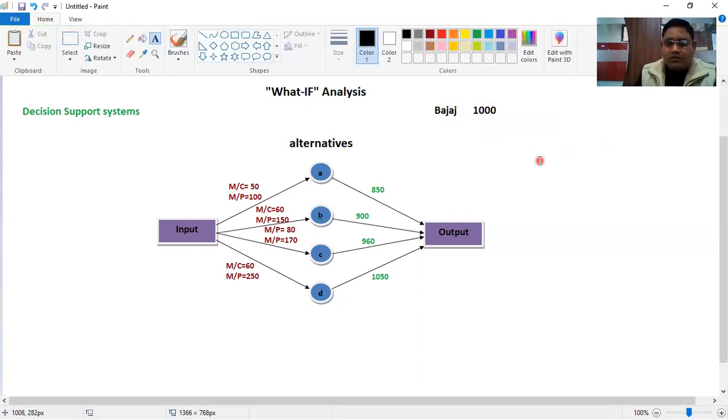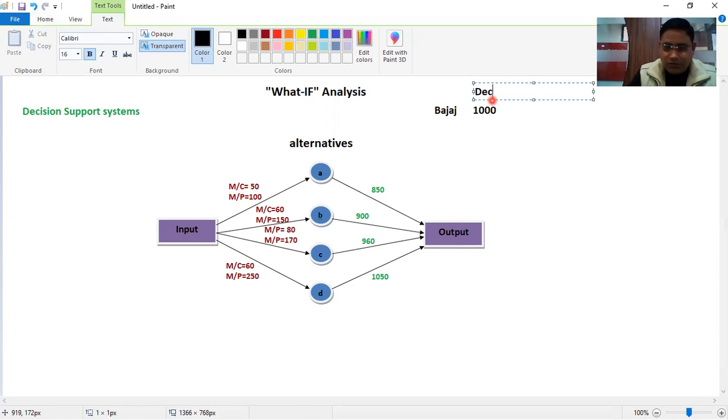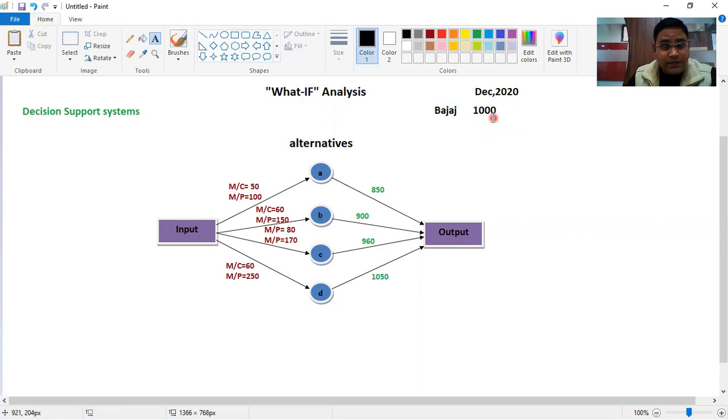So in this case our objective is 1,000. In the month of December 2020, they have to manufacture 1,000 bikes in one month. Now, how to find out how to manufacture these bikes?